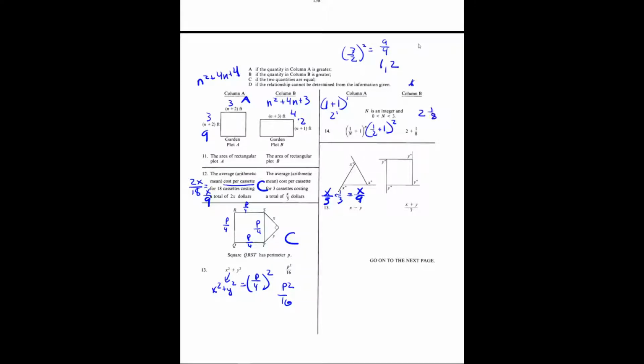So what we can do is take this from a mixed fraction to an improper one. 2 times 8 is 16, plus 1 is 17, so this is 17 over 8. And to make this into eighths, we're just going to multiply the top and the bottom both by 2, and we get 18 over 8. And so now column A is greater. And if it's inconsistent, column A is greater sometimes and column B is greater sometimes, then the answer is D.